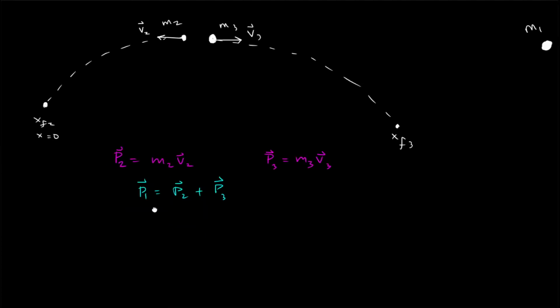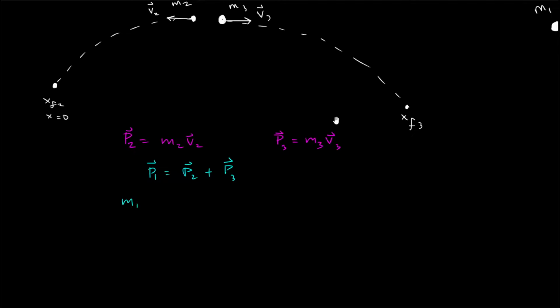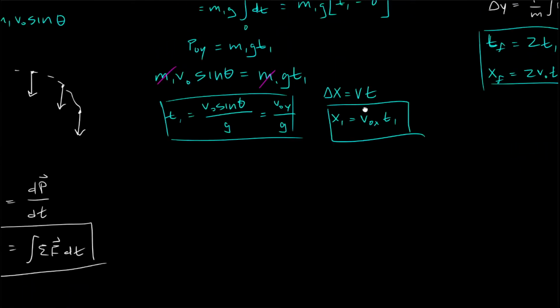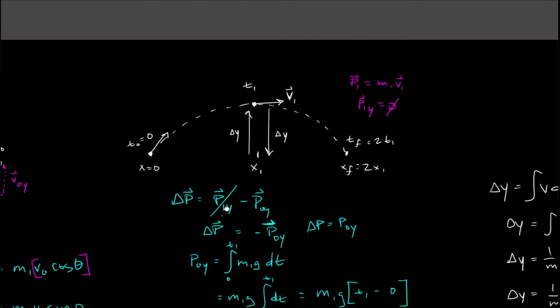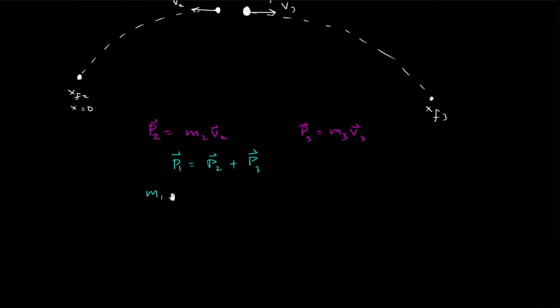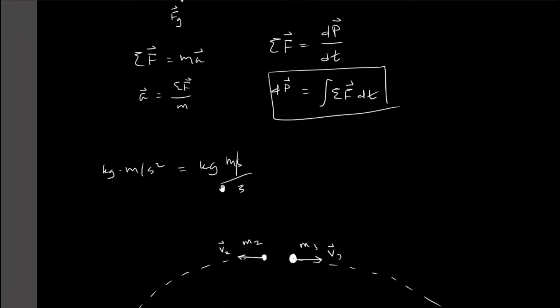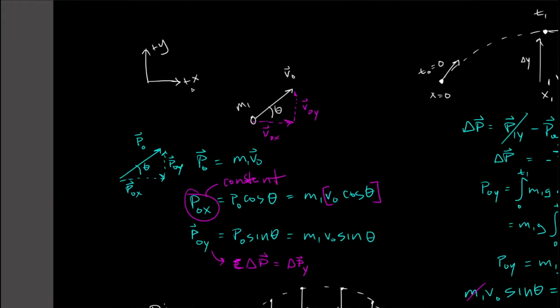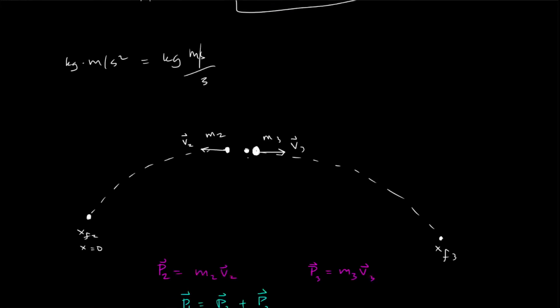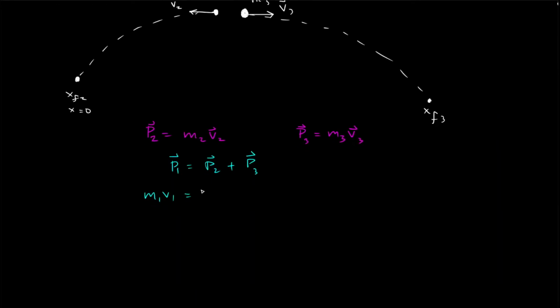Now P1 is m1 times the velocity. We'll use the same v1 right here, right before it explodes, equals, now we need to refer to our coordinate system. To the right is positive x, so P3 is positive.